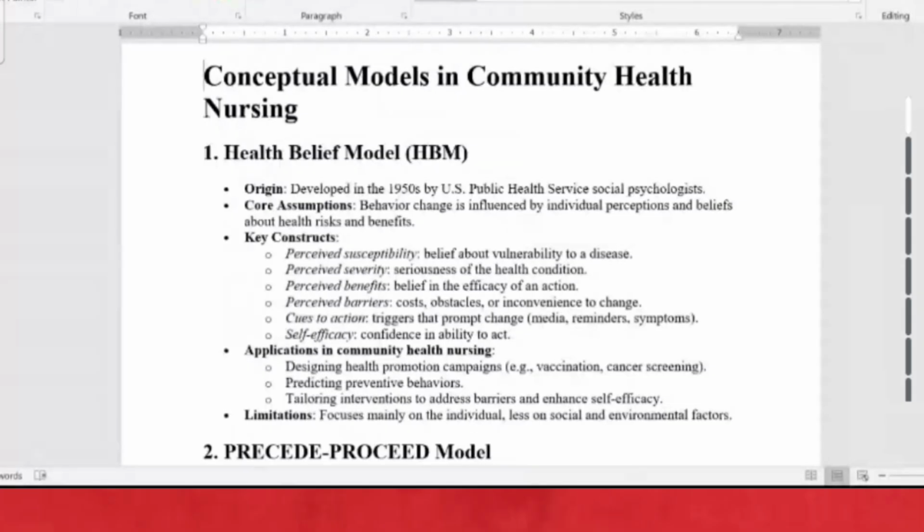Now, we have another building block, perceived barriers. As much as you can go and seek a particular health service, we also have some obstacles on the way, like the distance, the cost of that particular service, or the environment, maybe it is not conducive. So it becomes another challenge.